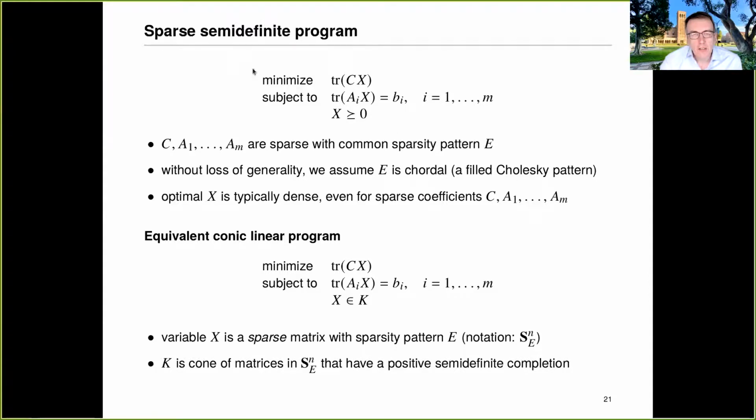So an alternative way of looking at this sparse SDP problem is to look at it as a conic LP problem, like this. It's almost just a matter of notation.